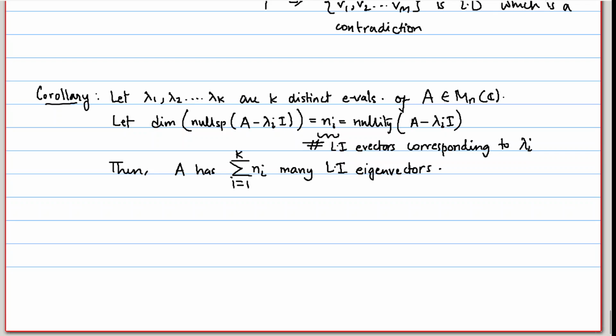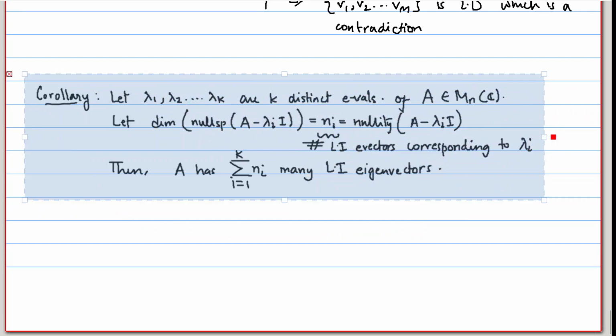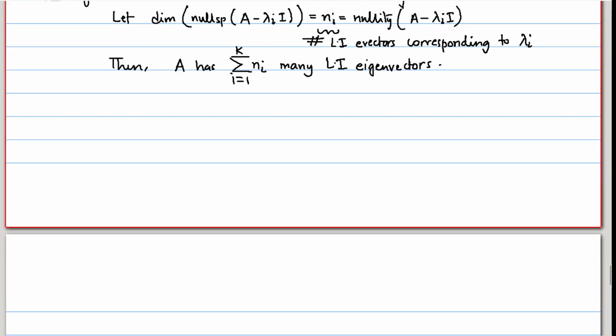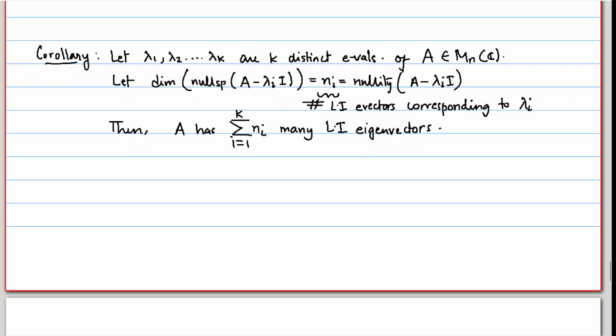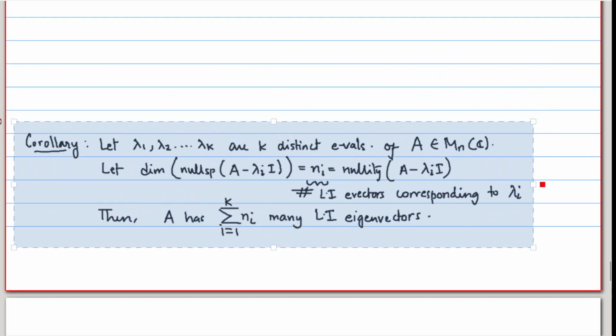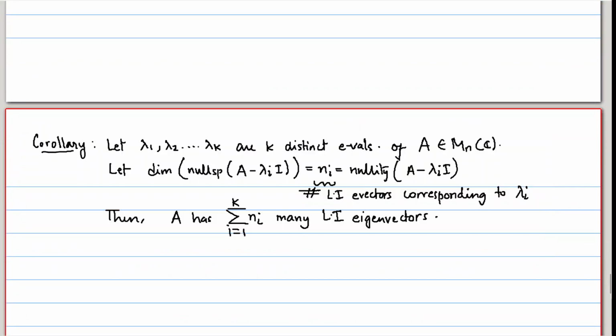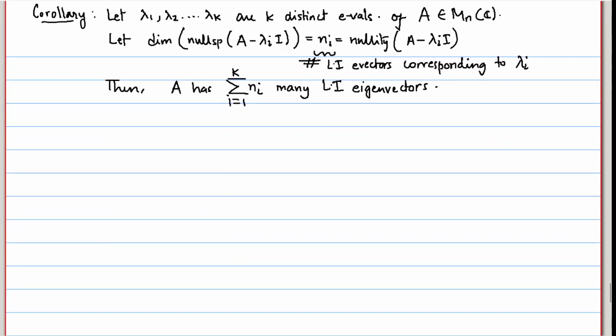Let's look at the proof. How would you go about proving this?